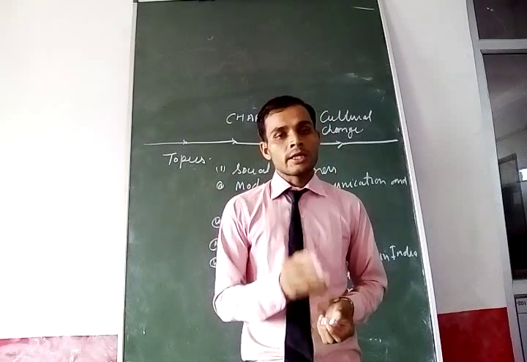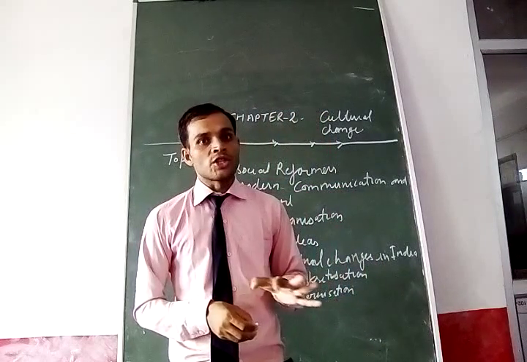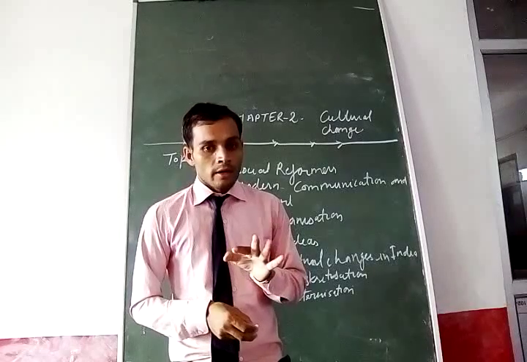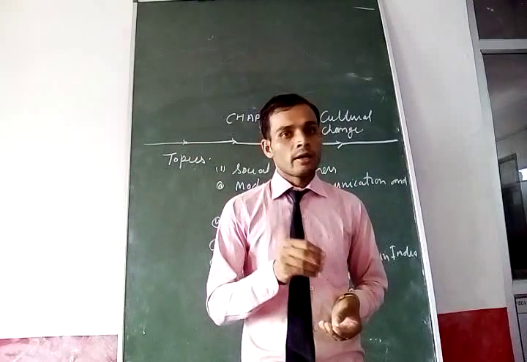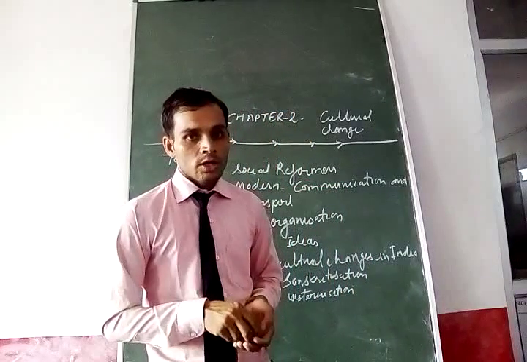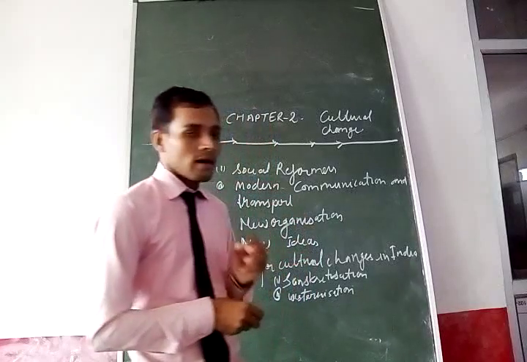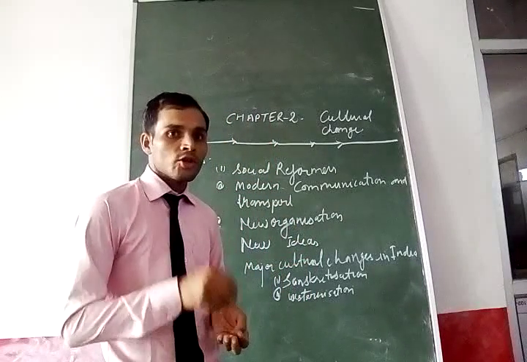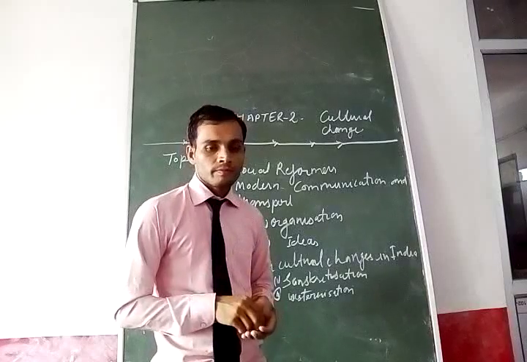So my dear students, Raja Ram Mohan Roy worked to end the sati system in India. This was an evil that had been running for a long time. So Raja Ram Mohan Roy institutionalized the Brahmo Samaj, under which people wanted to remove these evils.